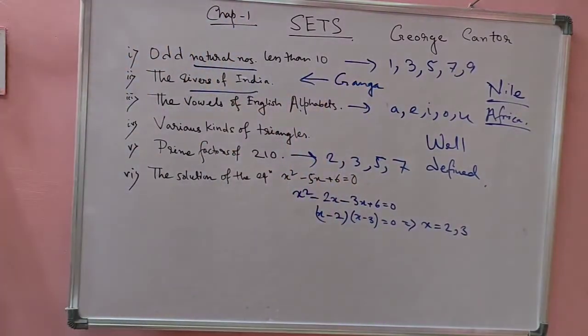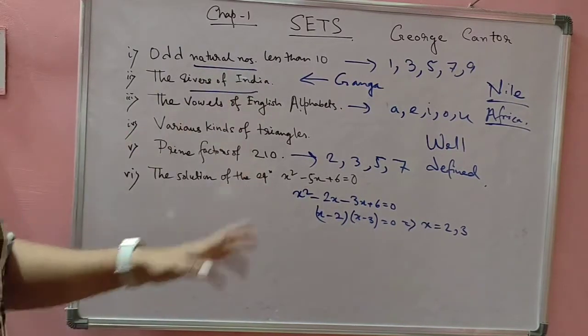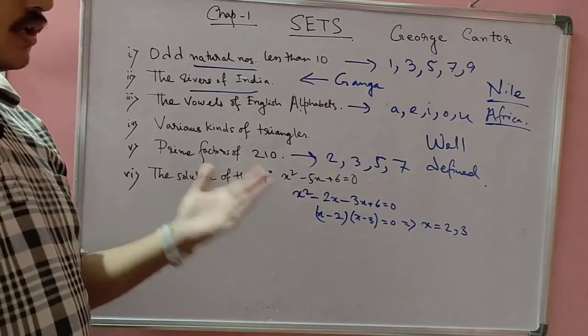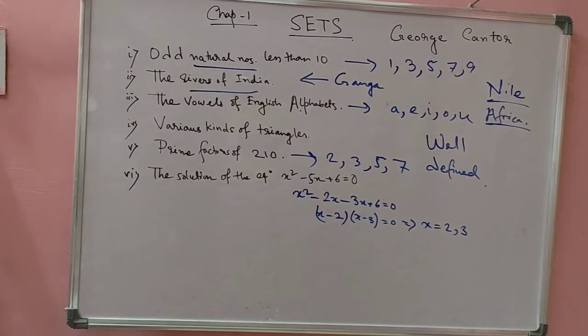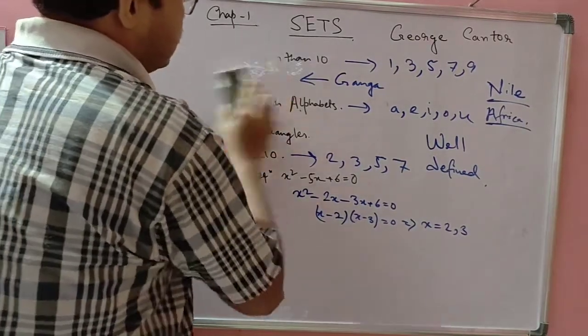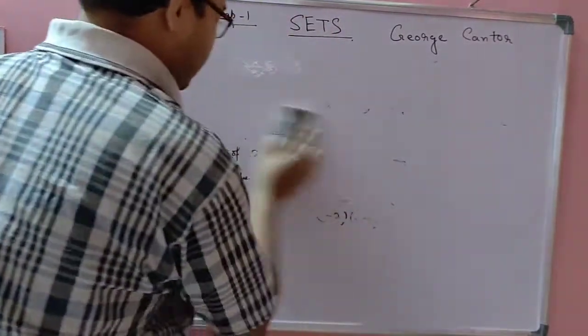So we are talking about well defined collections. What are not well defined collections? Let's talk about an example that is not well defined.